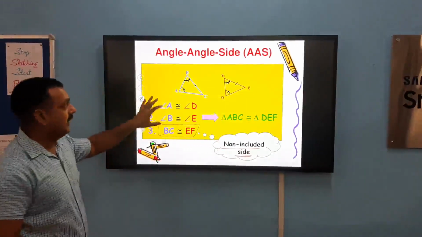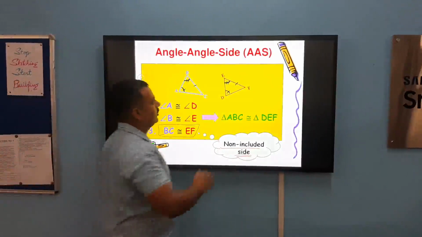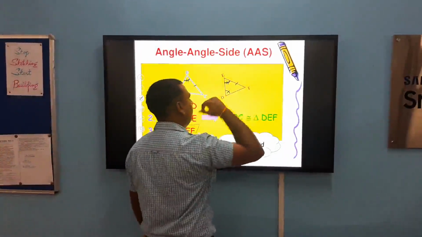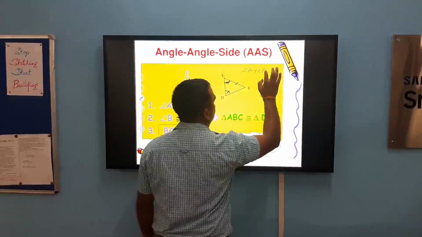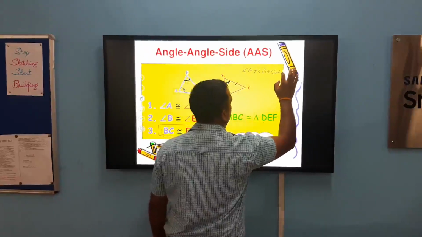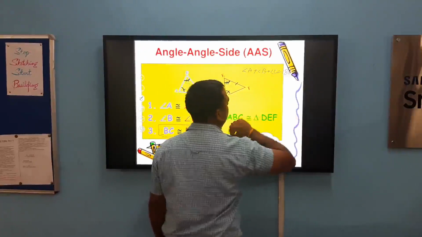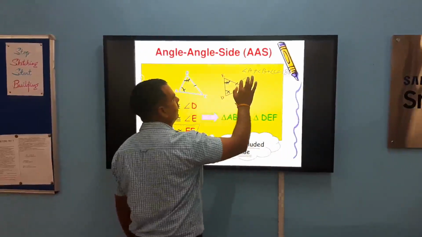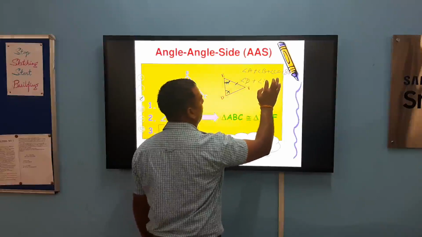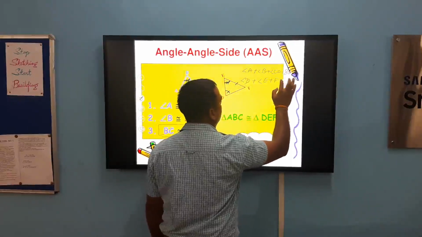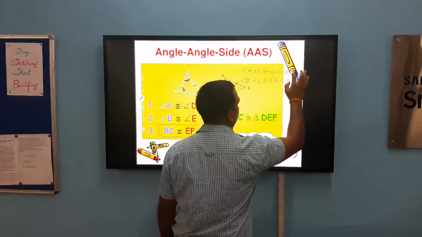Now this phenomenon exists because we all know that the sum of all angles of a triangle is equal to 180 degrees by the angle sum property. Similarly, angle D plus angle E plus angle F is also 180 degrees.